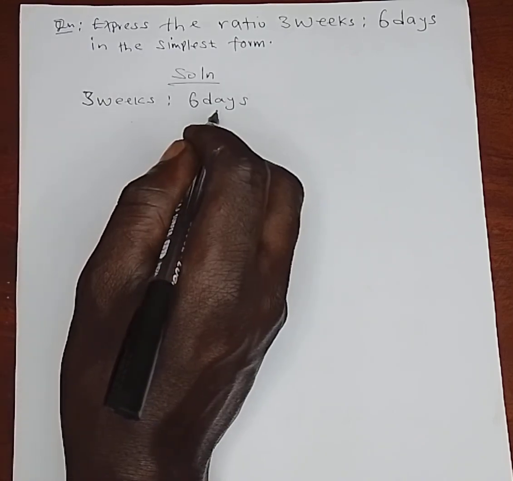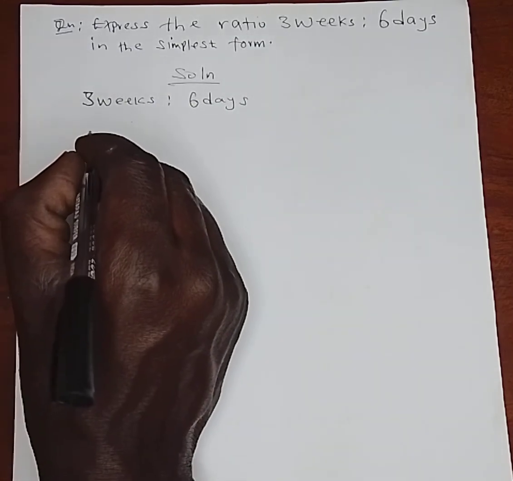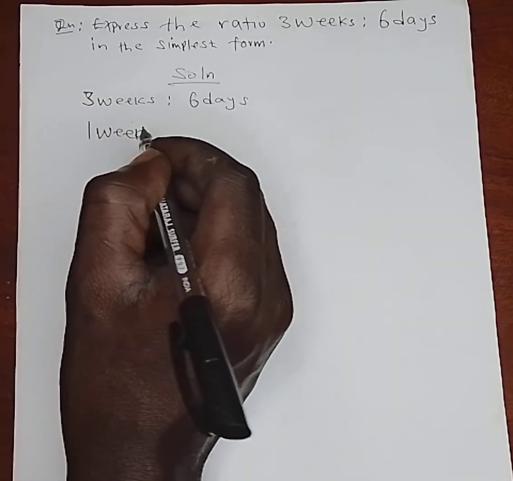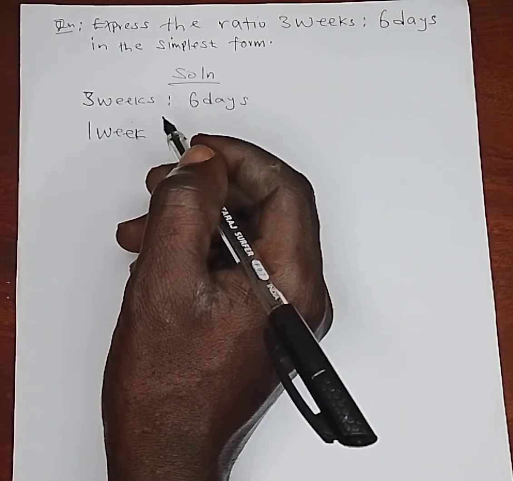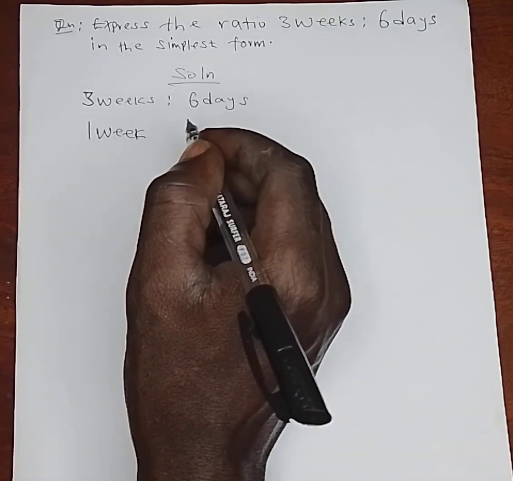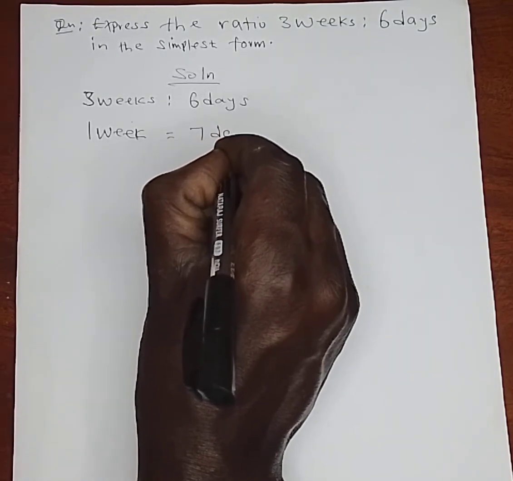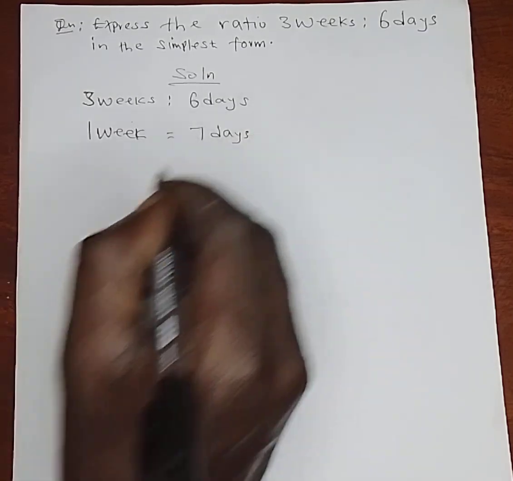This is 3 weeks, 6 days. Now we have 1 week. How many days do we have in a week? In a week, we always have 7 days.